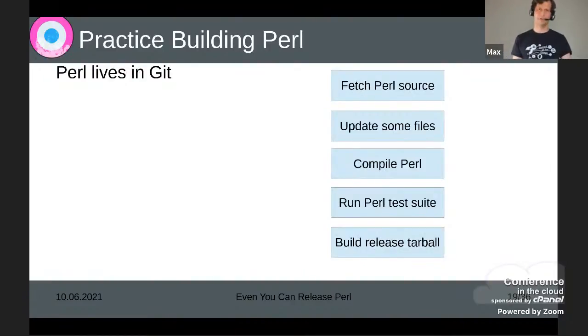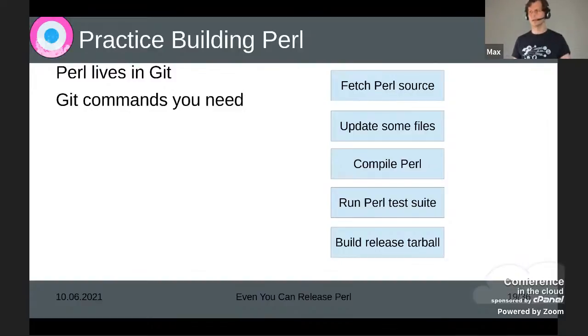Yeah, Perl itself lives in Git as its source code management system, version control system, sorry. So you will also need some Git commands and to be generally familiar with Git, but it's only like 5 Git commands.